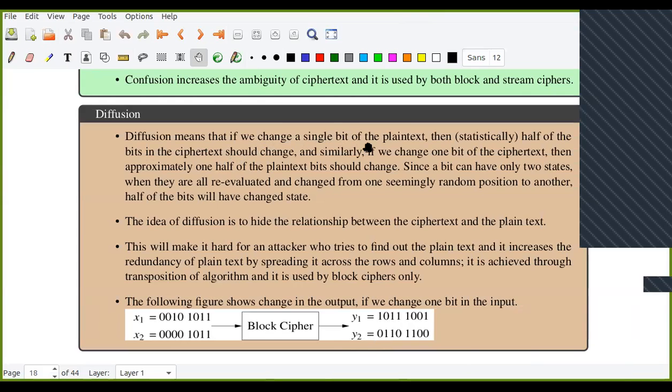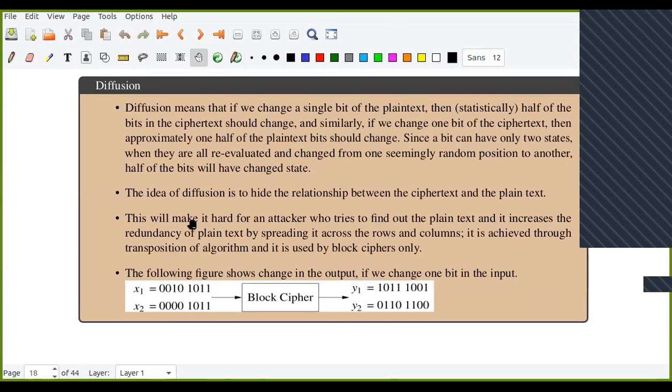If you change a single bit of the plain text, then statistically half of the bits in the ciphertext would be changed. So the idea of diffusion is to hide the relationship between ciphertext and plain text. This will make it hard for the attacker who tries to find out the plain text, and it increases the redundancy of the plain text by spreading it across the rows and columns.